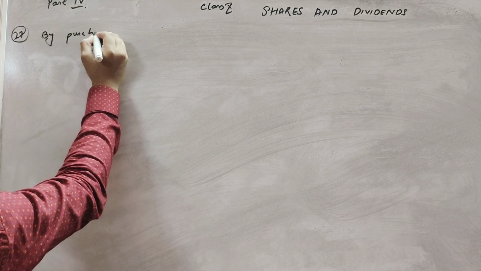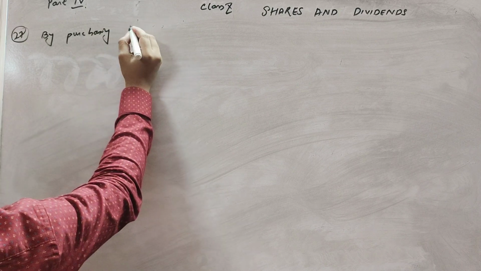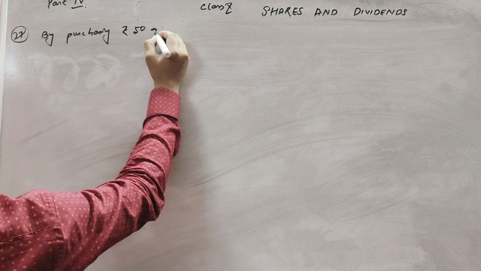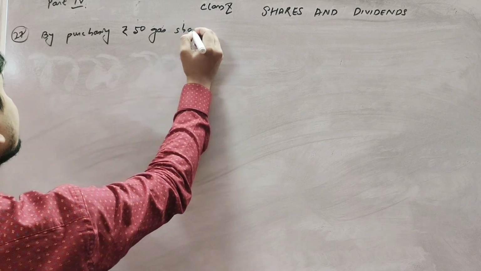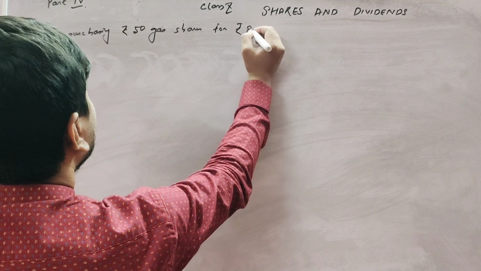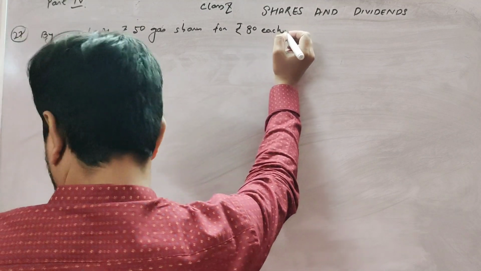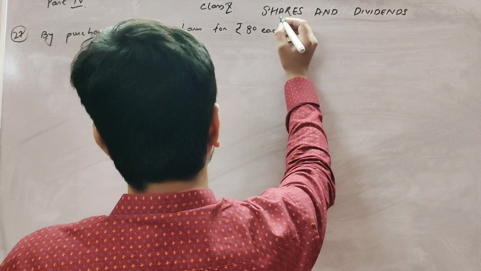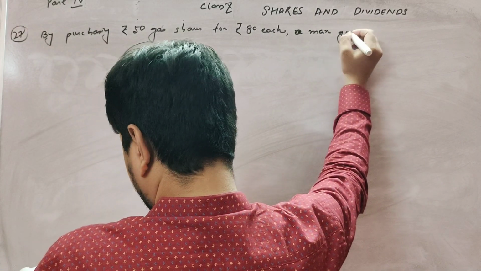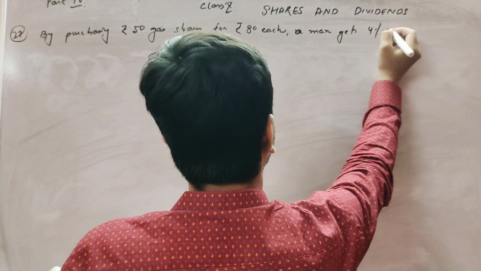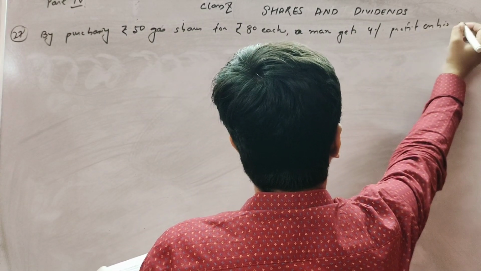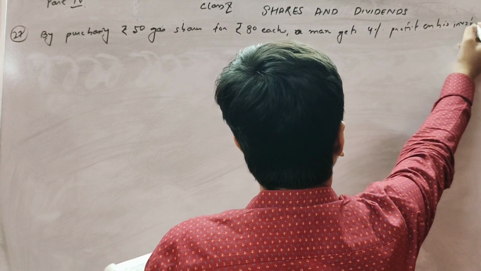Question number 27. By purchasing rupees 50 gas shares for rupees 80 each, a man gets 4% profit on his investment.